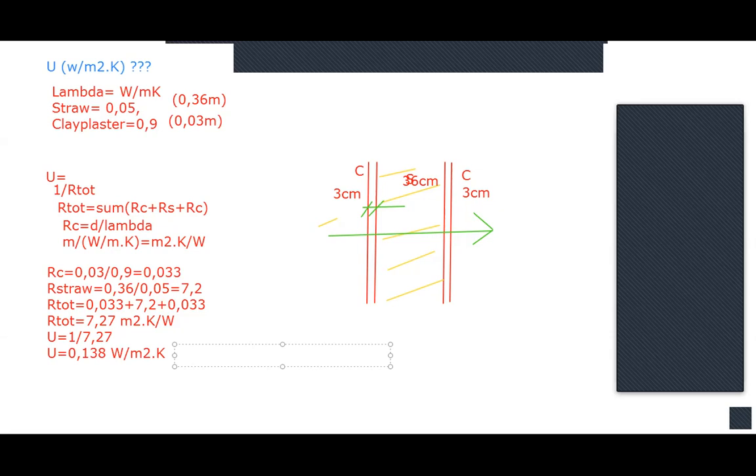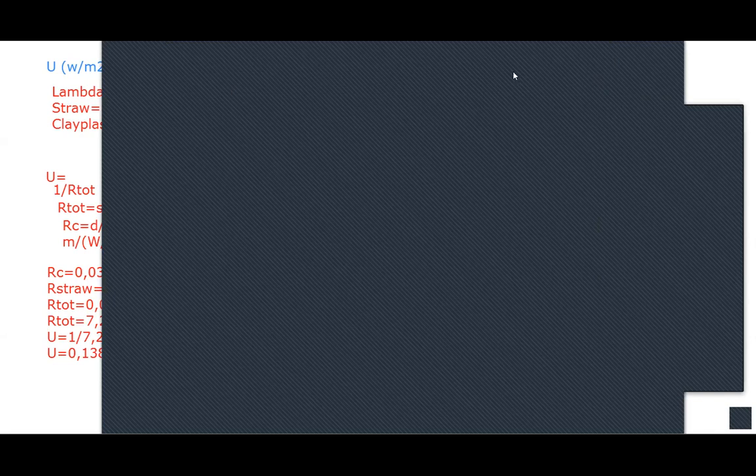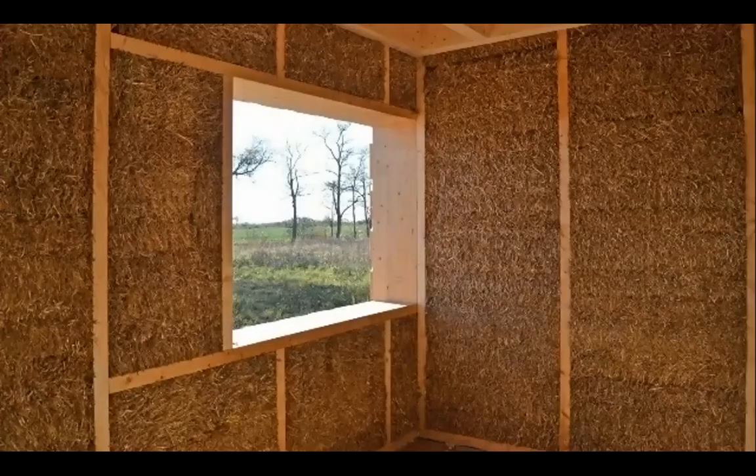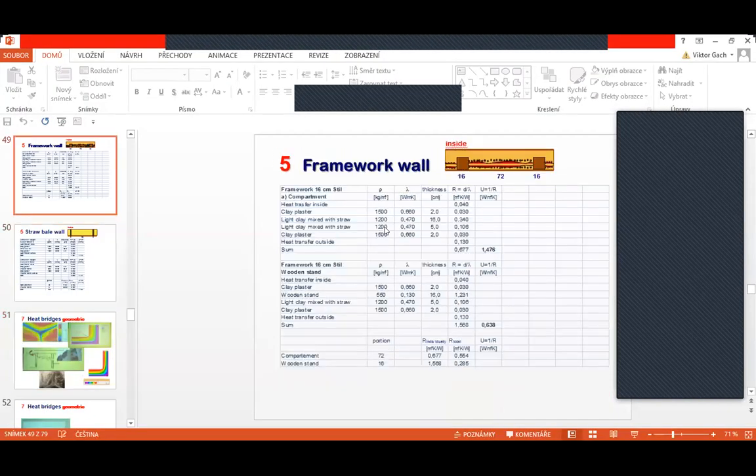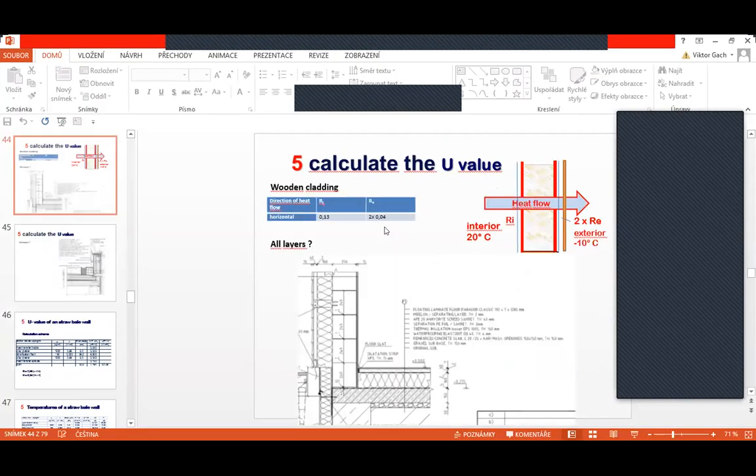For example, I will stop sharing this whiteboard and share with you a detail of some construction in a different presentation. Stop sharing, and I will share again something else. So I should be sharing a presentation now.